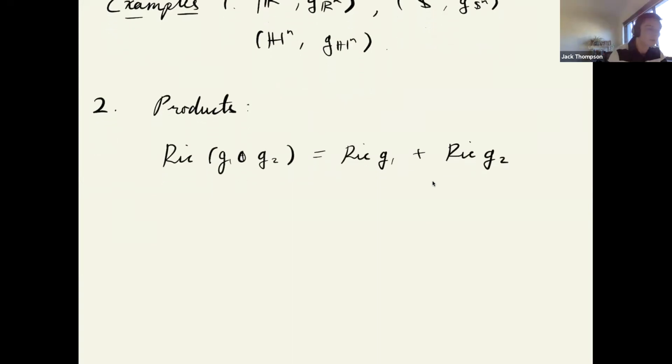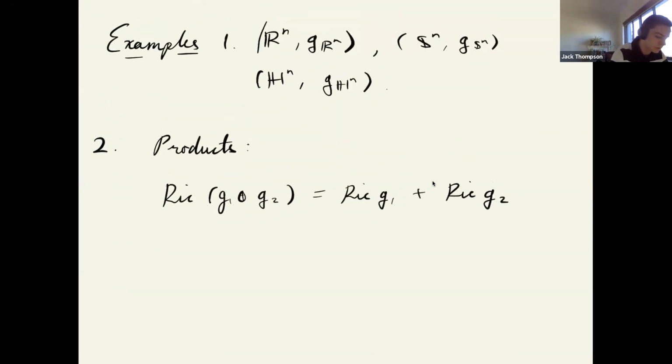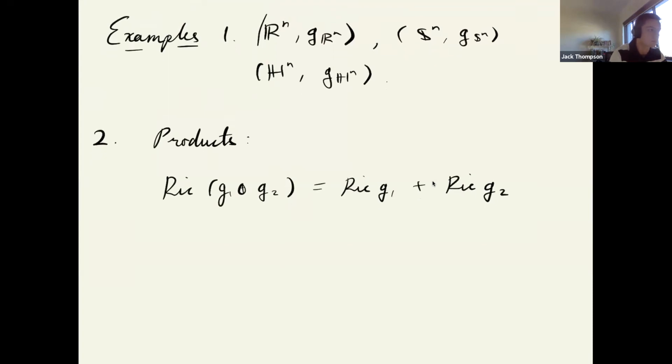If g1 and g2 are Einstein with the same constant, then the product manifold will also be Einstein. So straight away, I can construct more Einstein manifolds from these examples above.